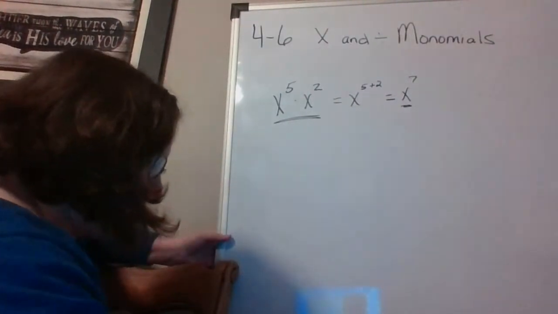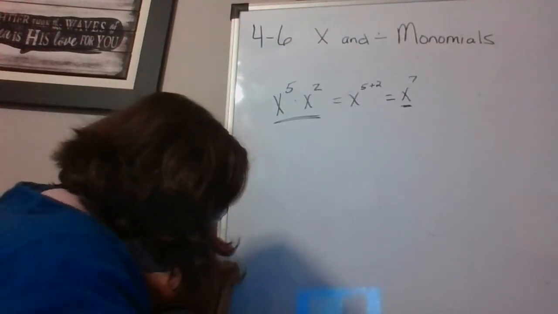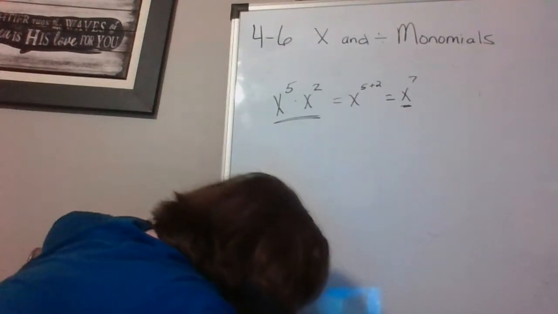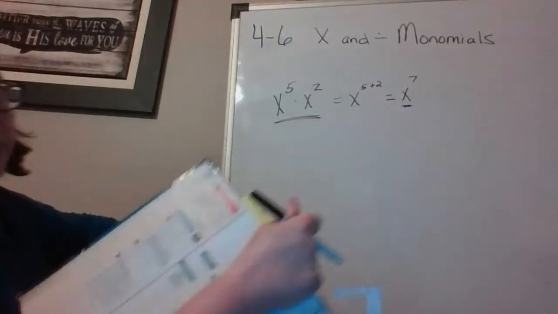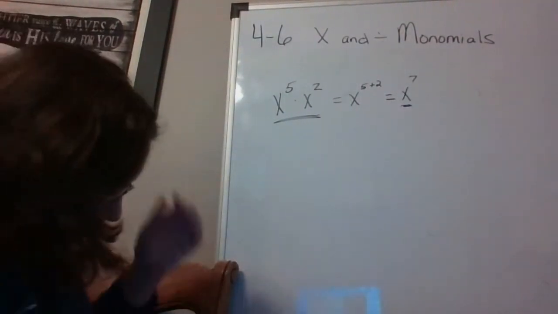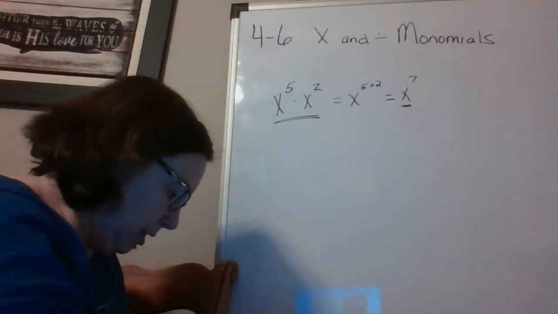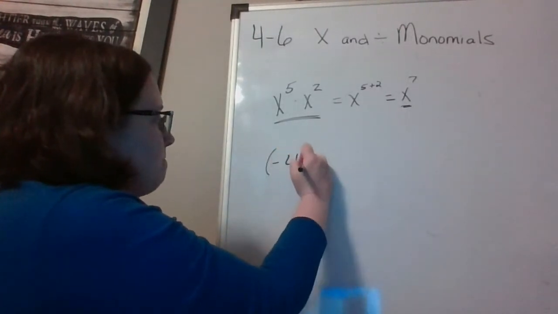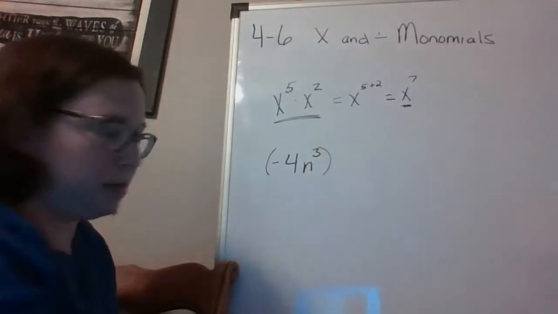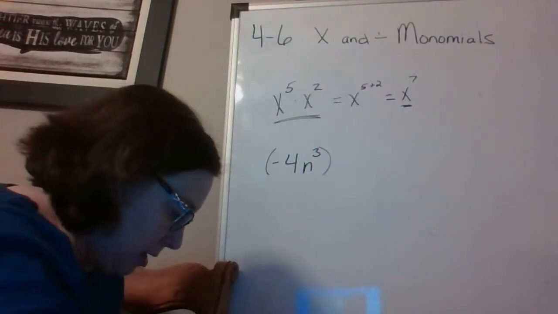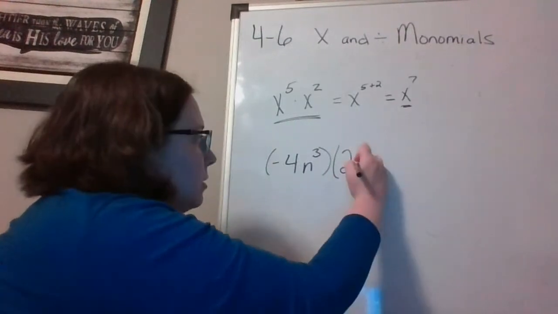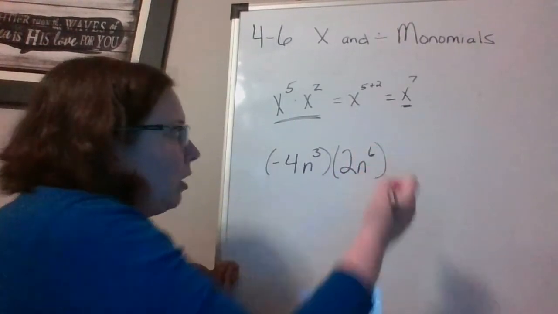Oh, this is a good example. So example 2b says, in parentheses, we have -4n cubed, and that's all in parentheses, times 2n to the 6th power.